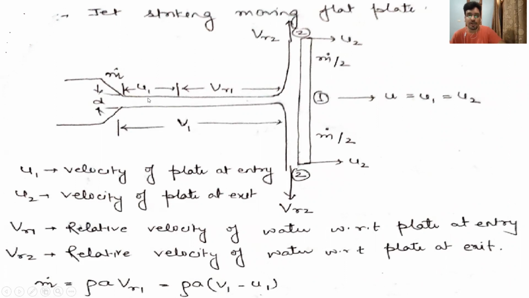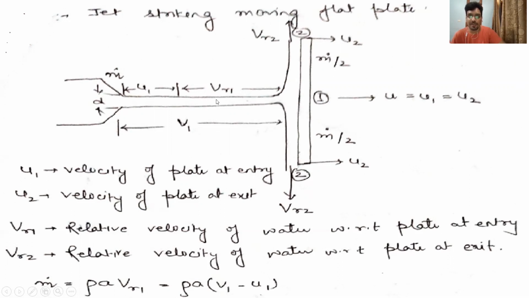So this m dot is the mass flow rate of the jet coming out through the nozzle. This is the absolute velocity when the plate is moving. So what will be the relative velocity of this jet with respect to this moving plate? It is equal to VR1, that is the relative velocity of water with respect to the plate at entry.